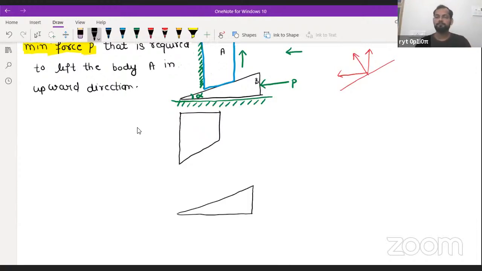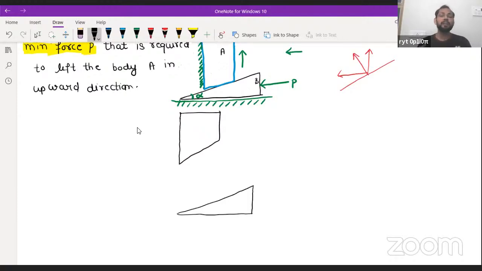Anybody? Okay, very good. So everyone is responding 3. That is the correct answer. Here only three contact surfaces are there.